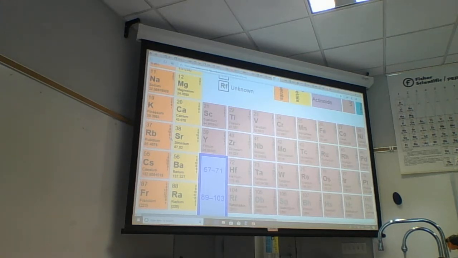Okay, we have a choice, two choices. We could say 40.08 U per atom or grams per mole of atoms. So if I had 602 million trillion atoms, it would weigh 40 grams.